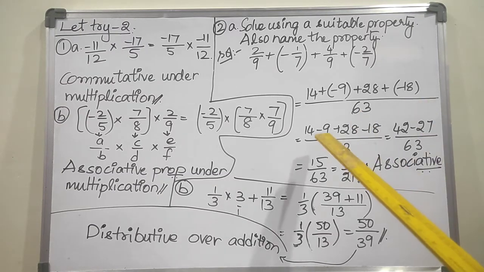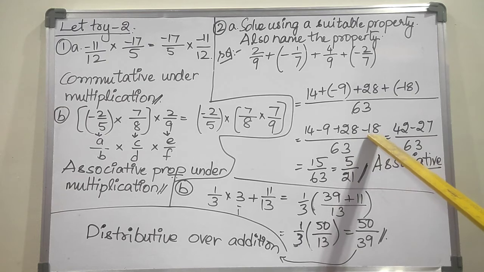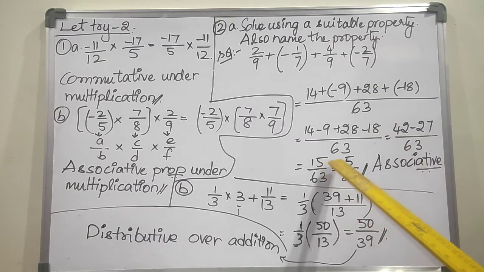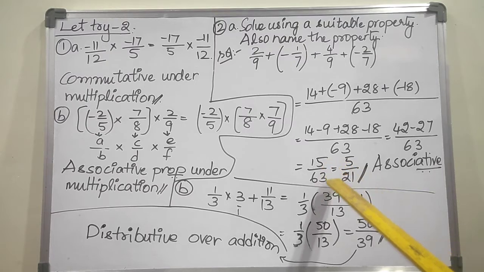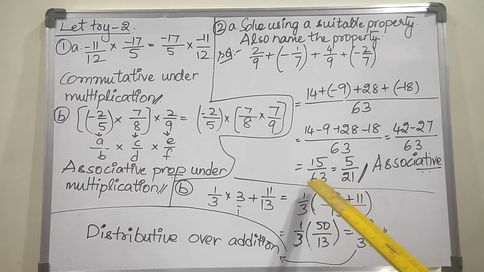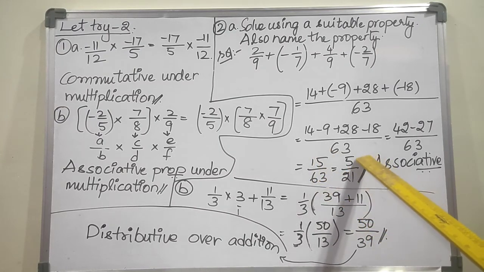So 14 minus 9 plus 28 minus 18, which gives 42 minus 27. After solving we have got 15 by 63. After cancellation, 5 by 21. With the 3 table we will do the cancellation and we have found it as 5 by 21.